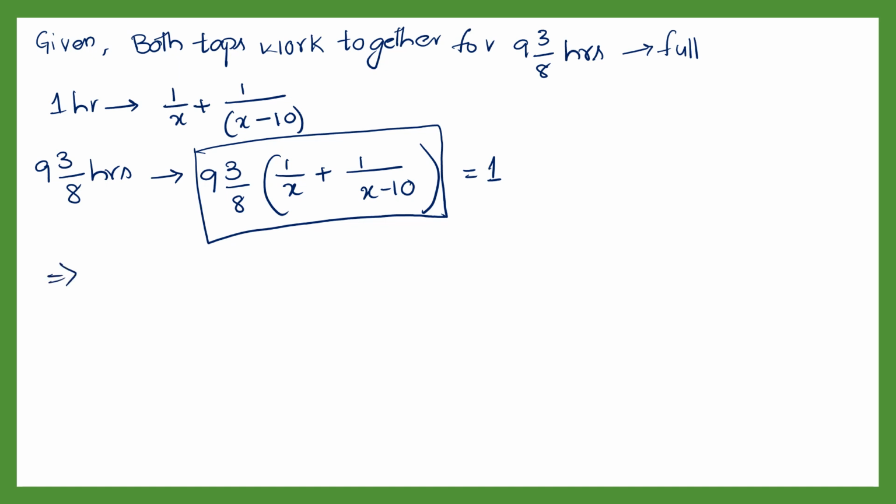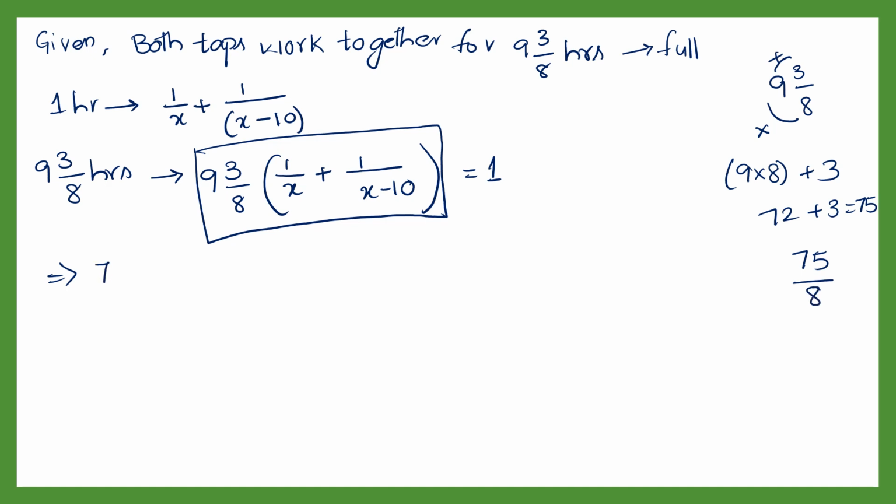This is a mixed fraction, 9 3 by 8. How do you convert it? 9 into 8 plus 3, so 72 plus 3 is 75. You get 75 by 8 into 1 by x plus 1 by x minus 10.